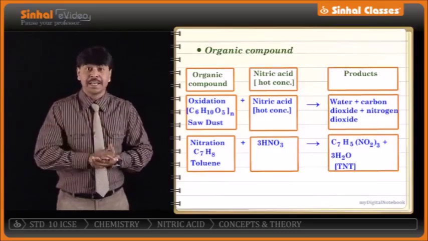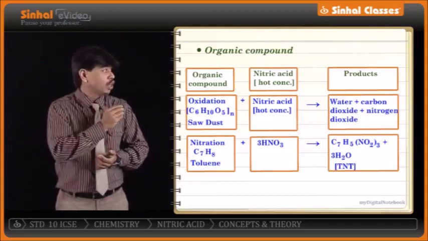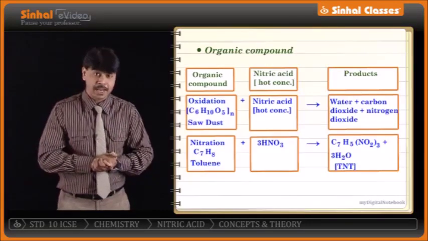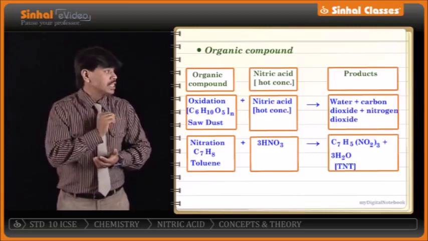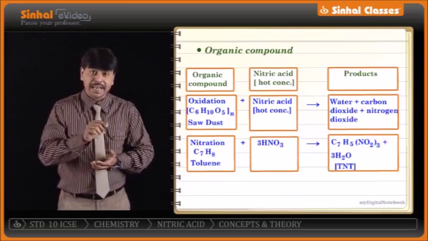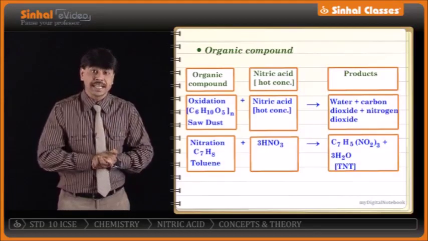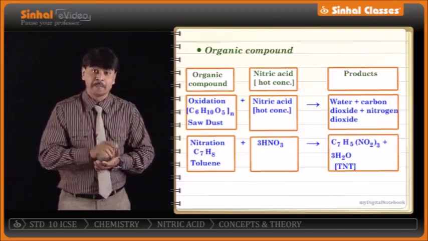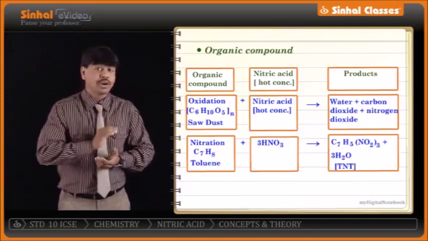Not only that, it forms an explosive chemical when it is treated with toluene. Toluene has the formula C7H8. Treated with nitric acid, it will give you C7H5(NO2)3, which is called TNT. TNT stands for trinitrotoluene, an explosive chemical. Along with that, you get water.